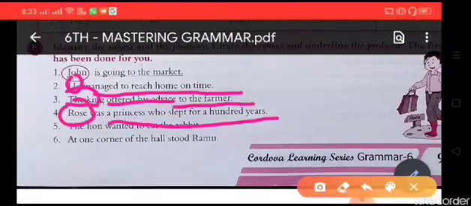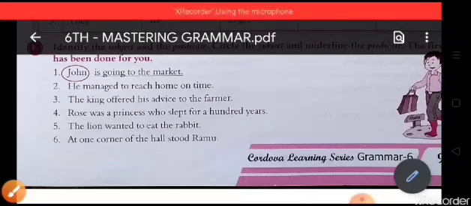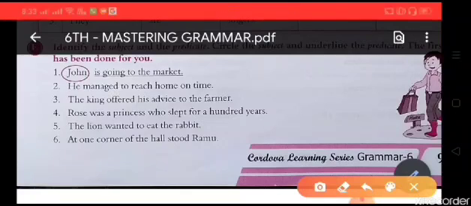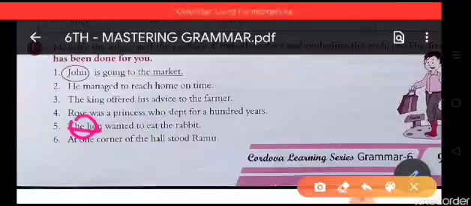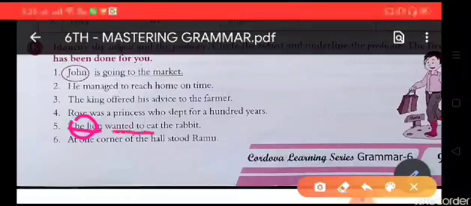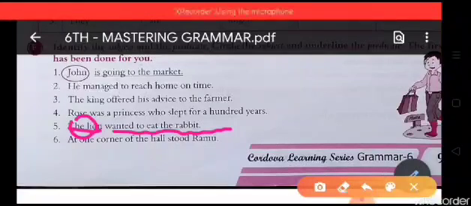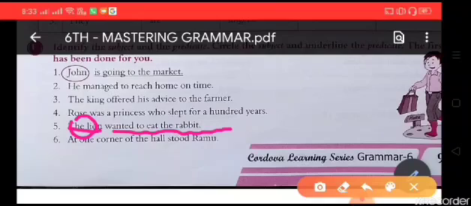The lion wanted to eat the rabbit. Who wanted to eat the rabbit? The lion. So here you can see the subject is the lion, and wanted to eat the rabbit is the predicate. At one corner of the hall stood Ramu.